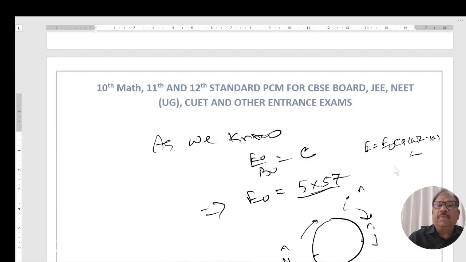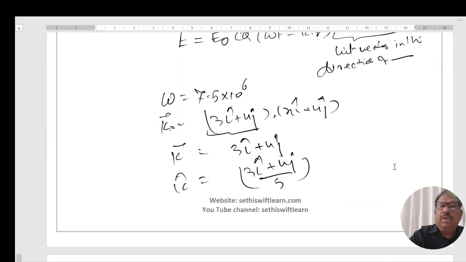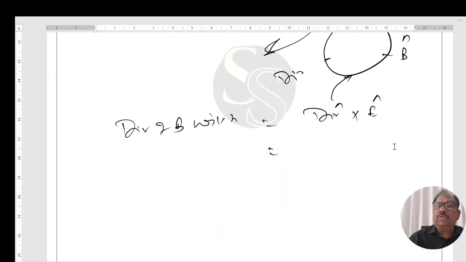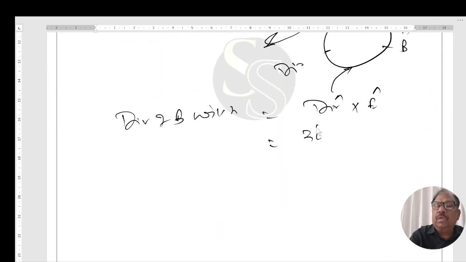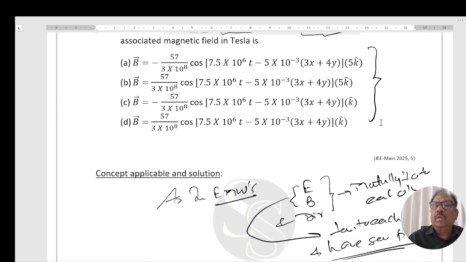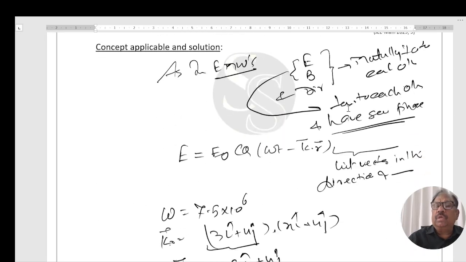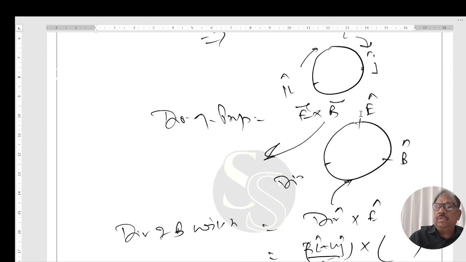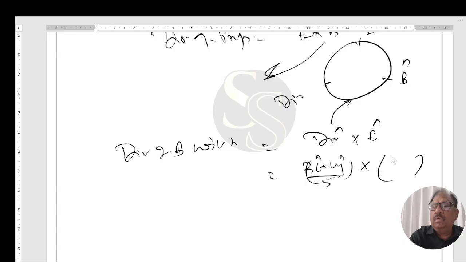Direction unit vector is 3i plus 4j divided by 5, cross 4i minus 3j divided by 5. What will we get on taking their cross product?